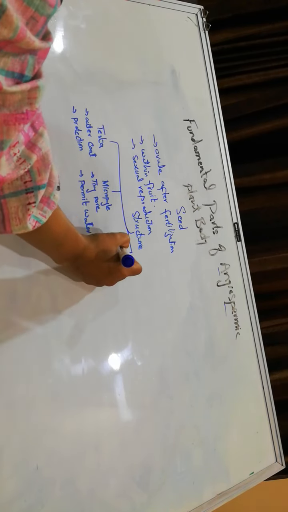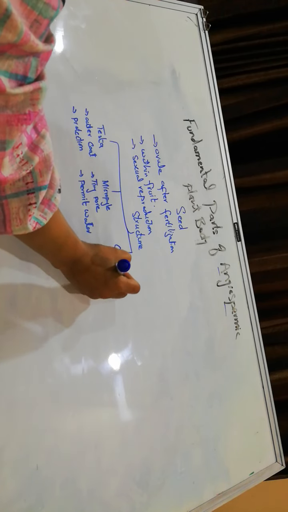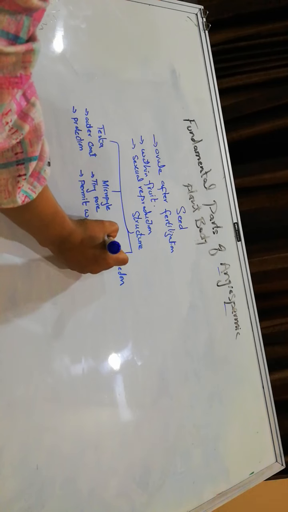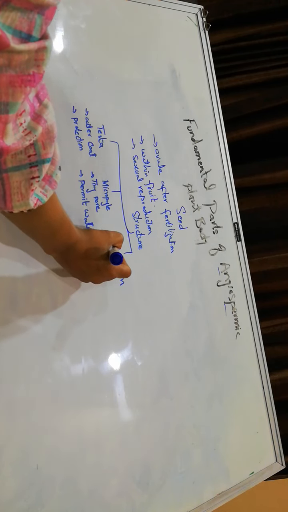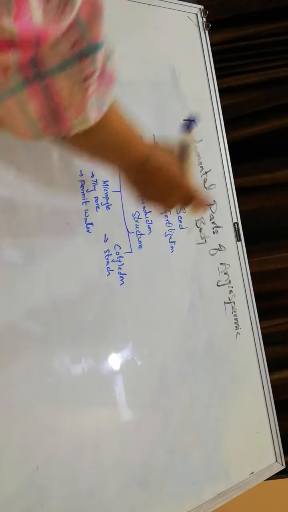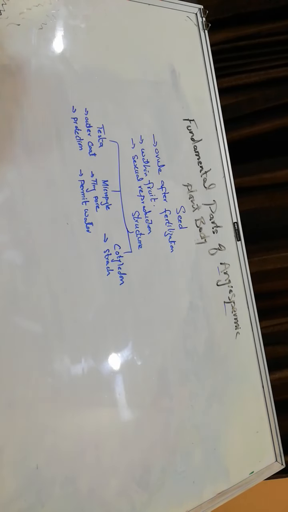Next portion is the cotyledon. Cotyledon is basically the portion that contains high quantities of starch, and that provides the food to the developing embryo, and it acts as a source of food for the developing embryo prior to germination.